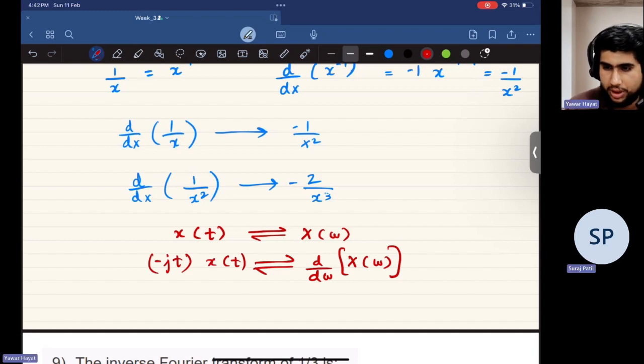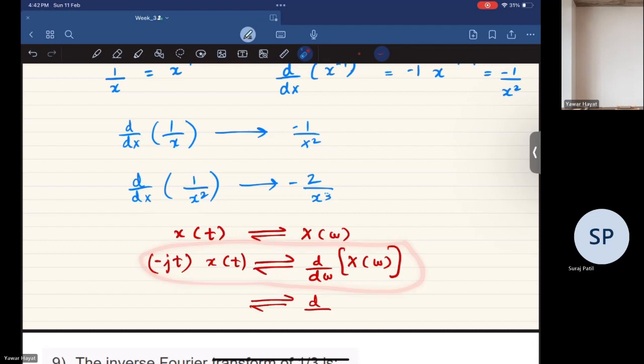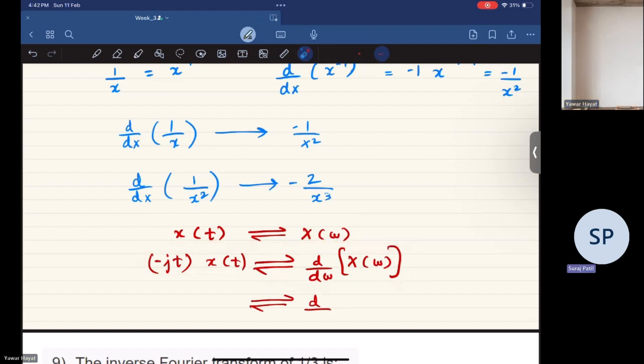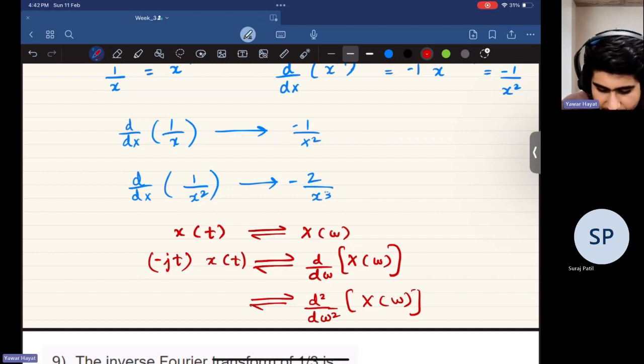And then if I take the derivative again, how would you do that? Now see, earlier I used this property on this result. What if I use the same result on this one now? This would be d2 by d omega square, derivative of order 2 of x of omega. Now, what happened when I took a derivative?